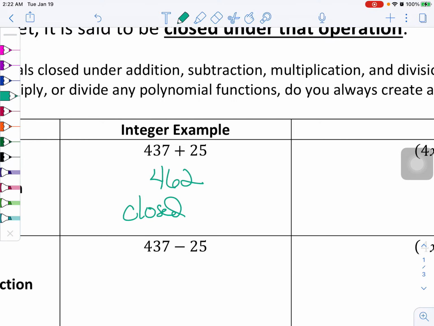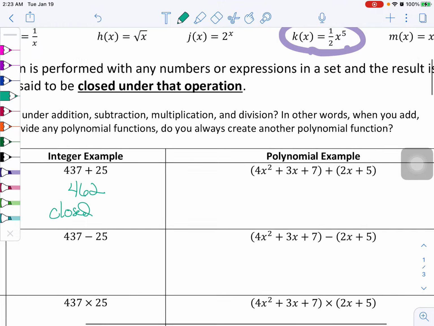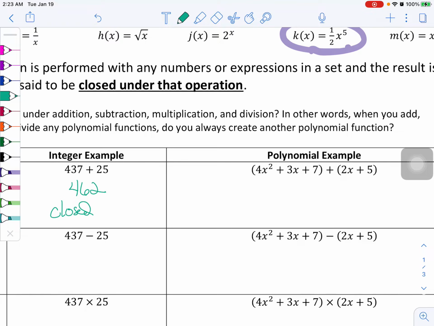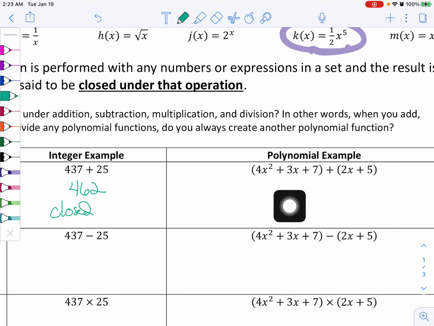All right. Now, let's do the same thing, but this time we're going to look at a polynomial example. Now, you guys have been doing adding like terms for a while, so make sure you're only combining like terms. Let's see, 3x here and 2x, and the 7 and the 5 would be combined.